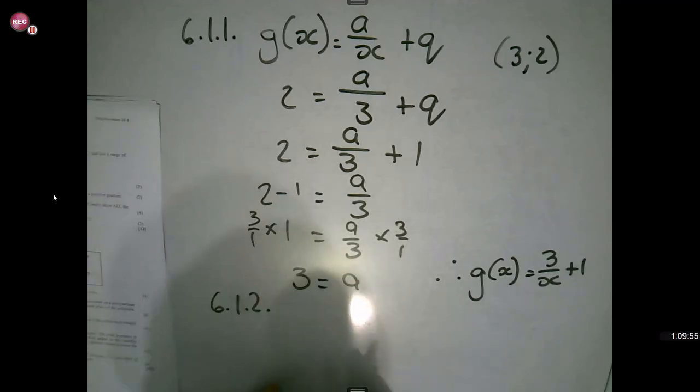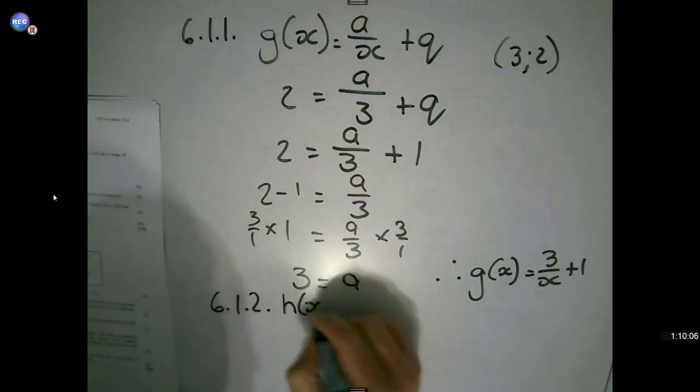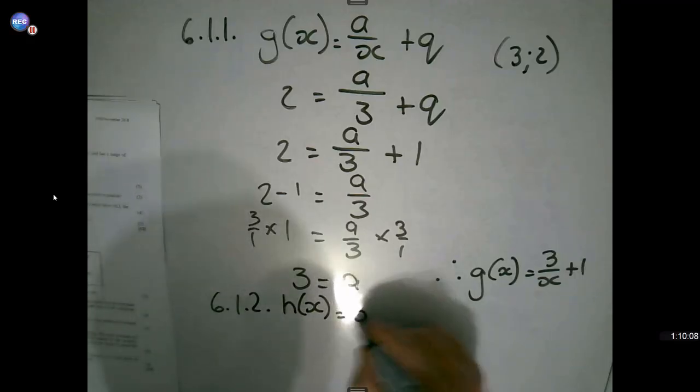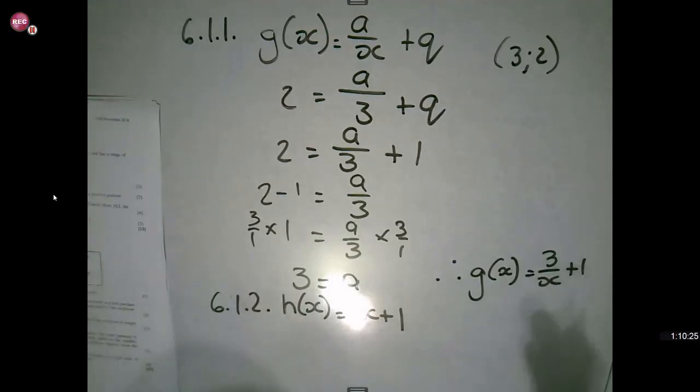So basically, where would you have a positive gradient with the axis of symmetry of G? So h(x) is equal to x plus 1. That's where you'll have a positive gradient. So the equation of H, where the axis of symmetry of G has a positive gradient, would be x plus 1. So wherever you fold it, where would the gradient be positive?